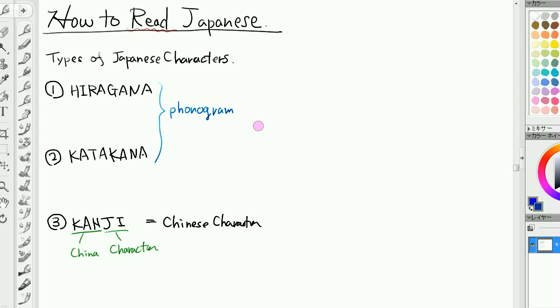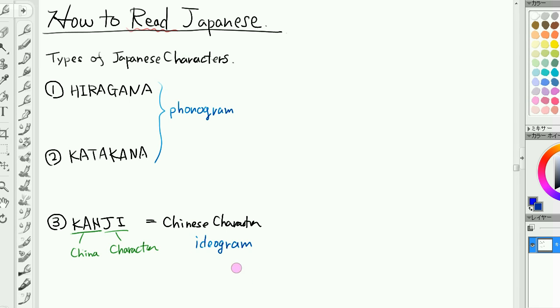Like A, B, C all represent some kind of sound, right? But kanji is not a phonogram. It's called an ideogram. Ideogram means the character has its own meaning itself.